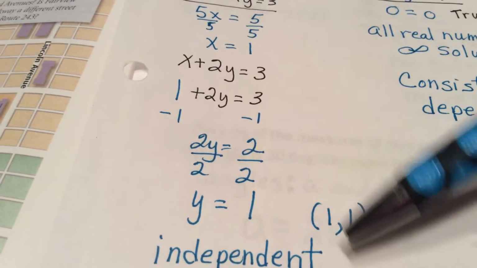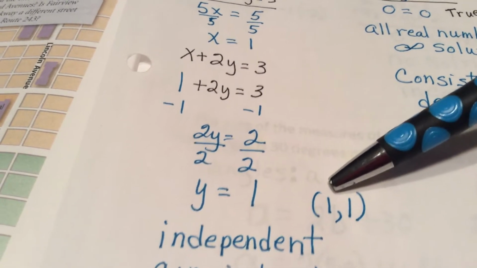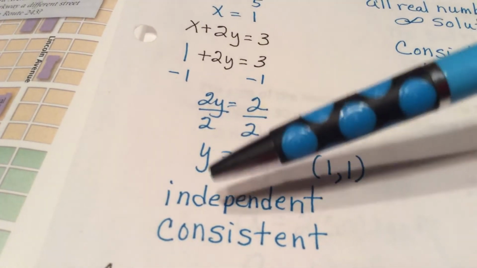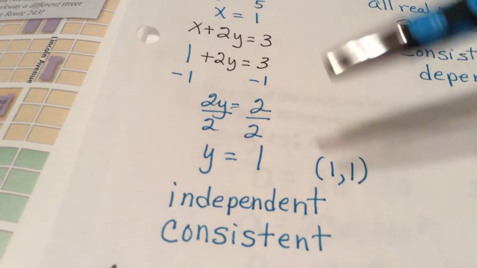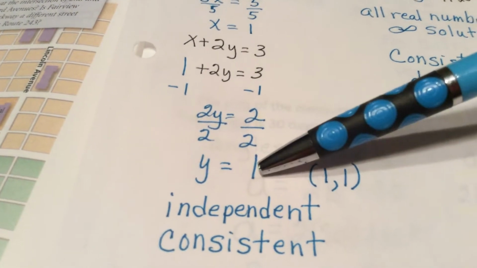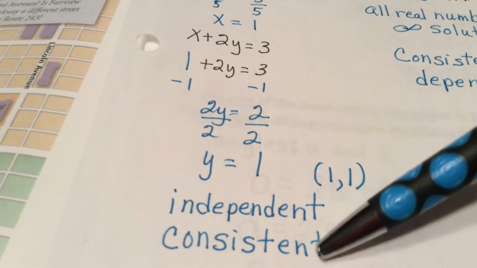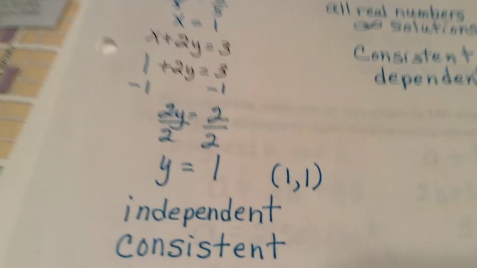So our point is 1, 1. This has one solution. That makes it independent, and it makes it consistent. When I'm checking this, I'm going to check this answer, this answer, this answer, and this answer. You have to have all of the answers that apply.